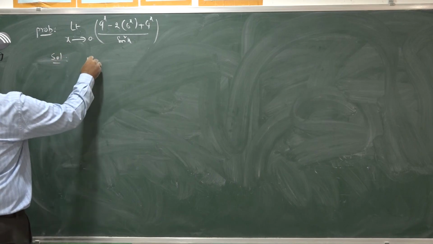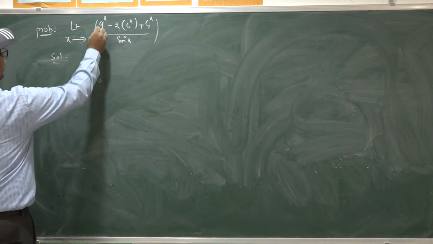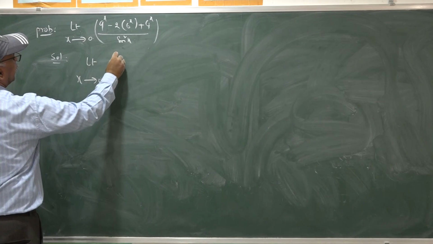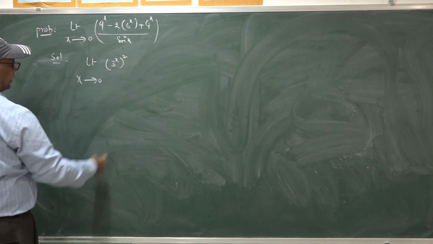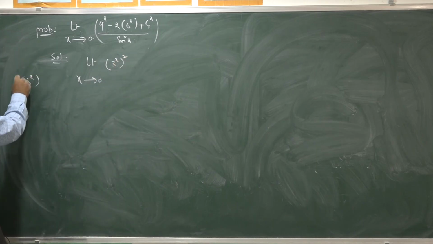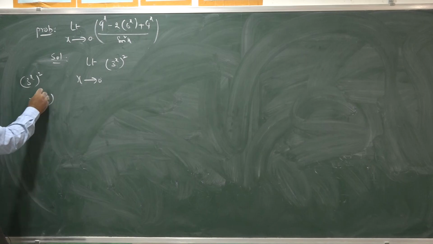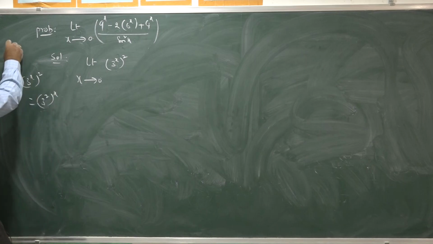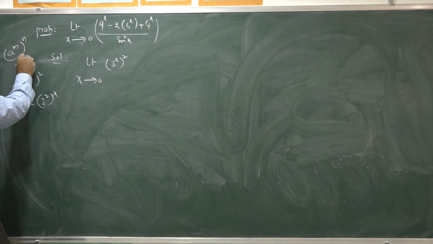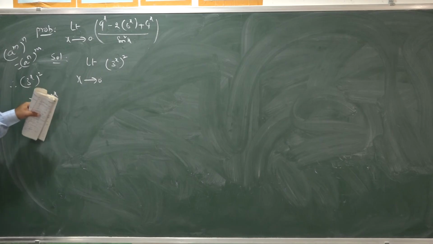So, this is limit as x goes to 0. It may be written as 3 power x whole square. 3 power x whole square is nothing but 3 square whole power x, since a power m whole power n may be written as a power n whole power m. So 3 square is 9.